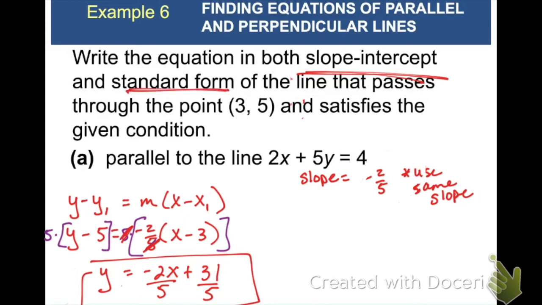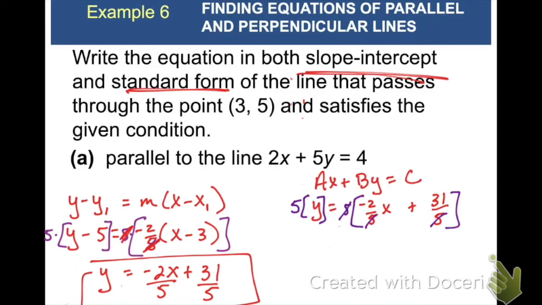They also asked for standard form, which if you remember, standard form is ax plus by equals c. So once again, if you don't want to deal with these fractions, we can multiply both sides by 5. If I multiply both sides, on the right-hand side, when you distribute that 5, it's going to cancel out both of those denominators.